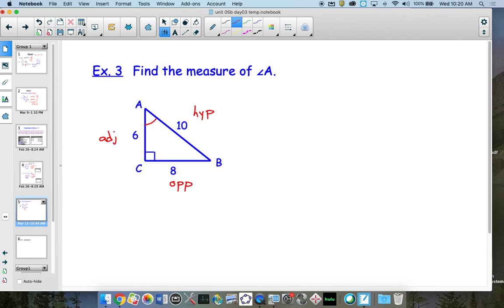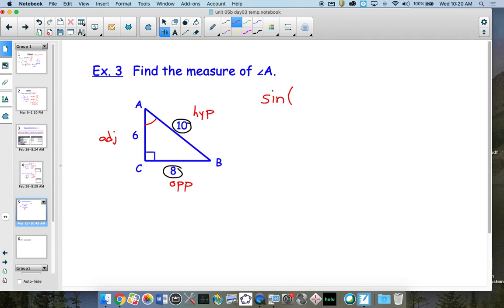Now since we have all three of those sides, we have the lengths 6, 8, and 10, you can pick any two that you like. Let's say I decide I'm going to use the 8 and the 10. So that's the opposite and the hypotenuse. So which one in SOH CAH TOA uses opposite and hypotenuse? Well, that would be the sine.